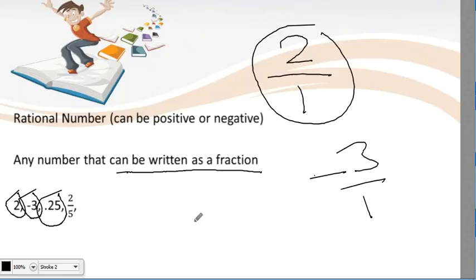The next one, 0.25. When we're talking about decimals, okay, the number to the right of the decimal is the tenths. The number next to the tenths is the hundredths. So counting to the right, it would be tenths, hundredths.